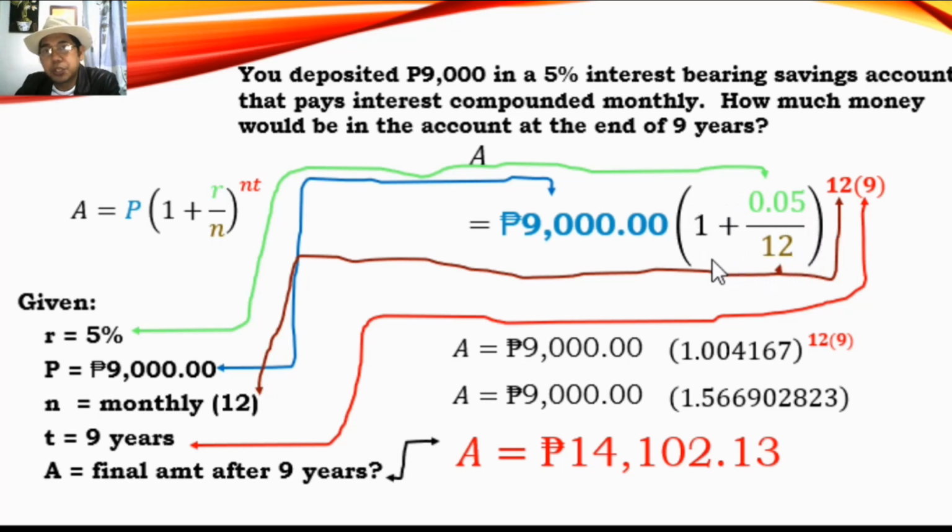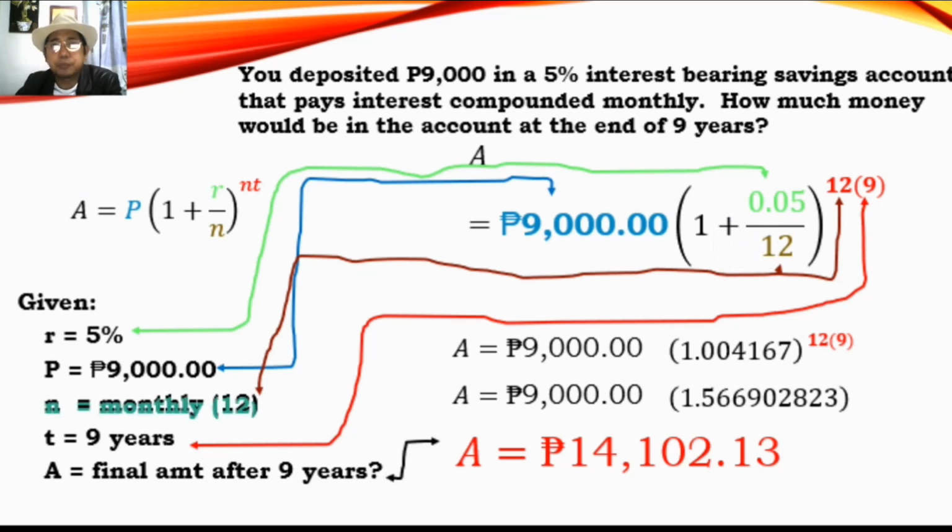Of course, this is greater than 1. This is called the growth factor. If that is more than 1, it will always give you an exponential increase of what you are trying to compute. I repeat, if this one is more than 1, it will give you an exponential increase.